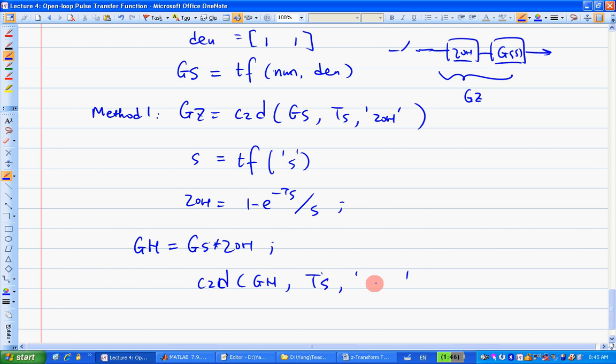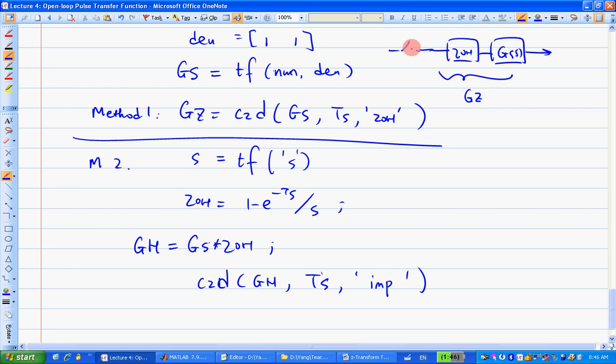So now, instead of specifying a zero order hold, this time you're going to specify IMP, impulse. Because for this second method, you specifically write this block multiplied by this block, right?